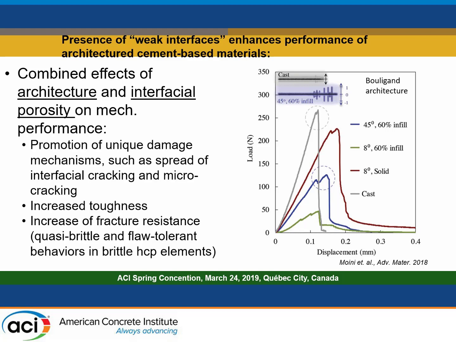If you look at the area under this curve, there's an indication of the toughness of the structure, and you can see that by changing some of those parameters, you can increase the toughness, you can increase the fracture resistance, and you can make a brittle material a sort of quasi-brittle material that is a little bit more flaw tolerant than the material that you will cast.